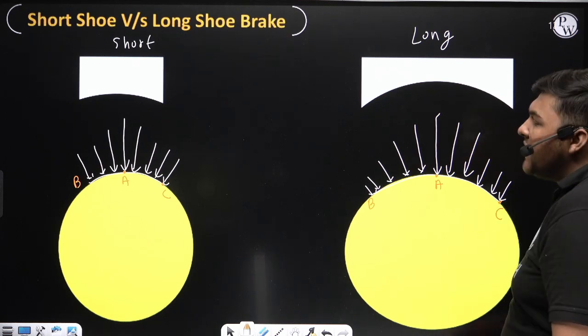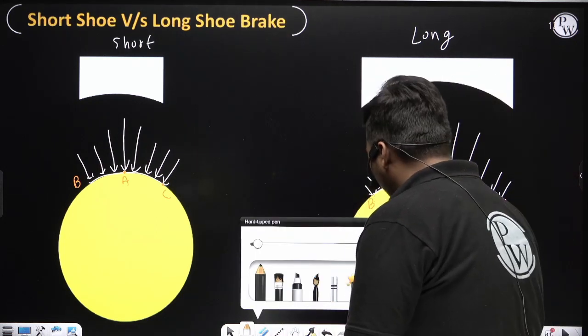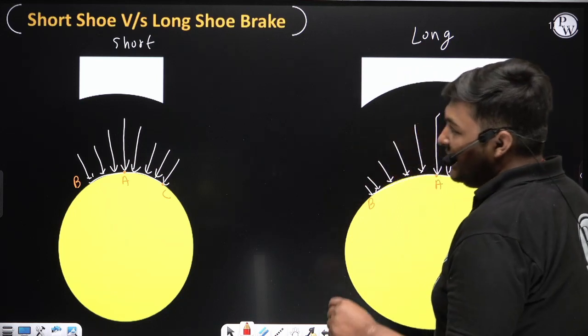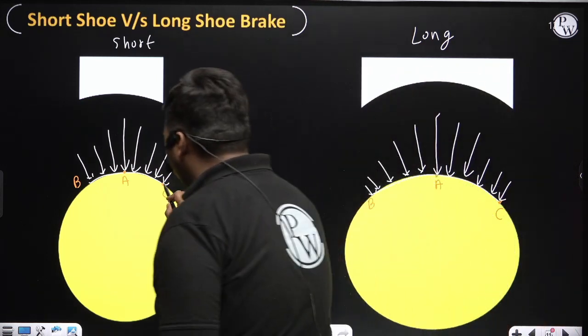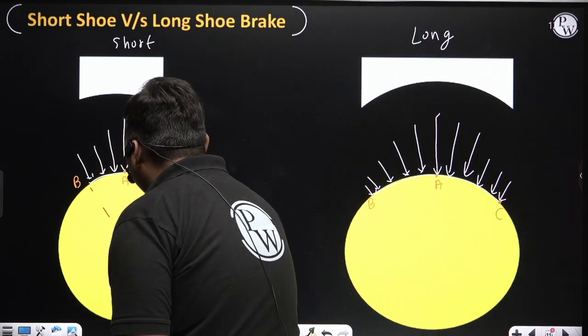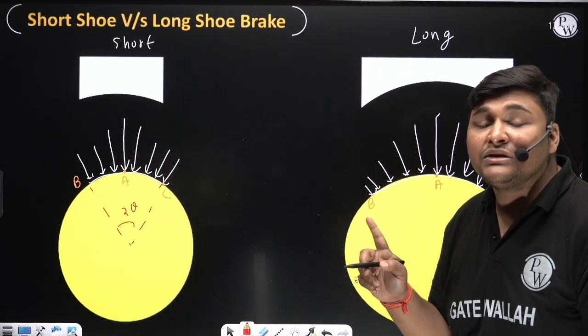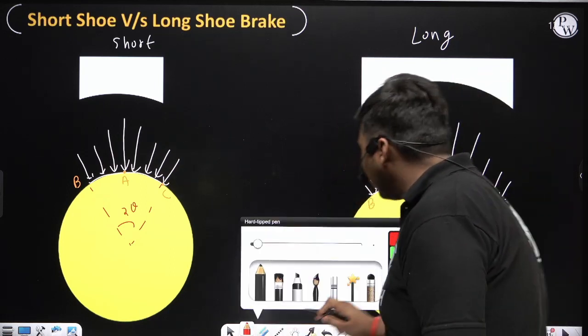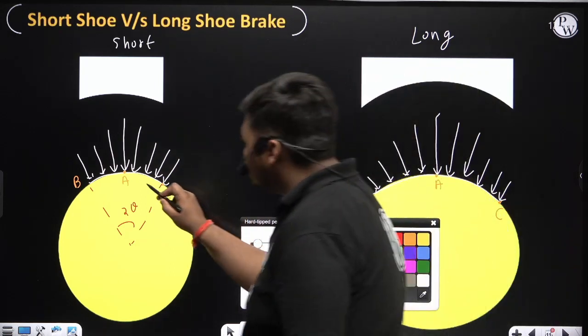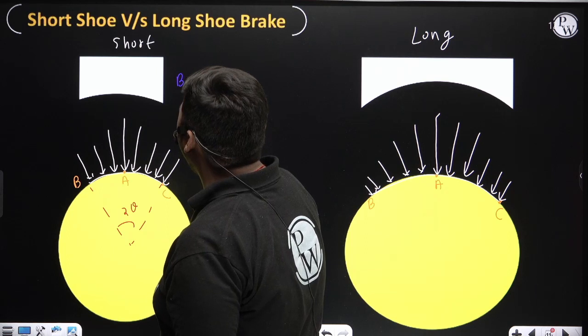Now, what I am trying to explain here: if 2 theta, that is the angle of contact, is very less, meaning the brake is short shoe brake, in that case we can assume this surface BAC as a flat surface.